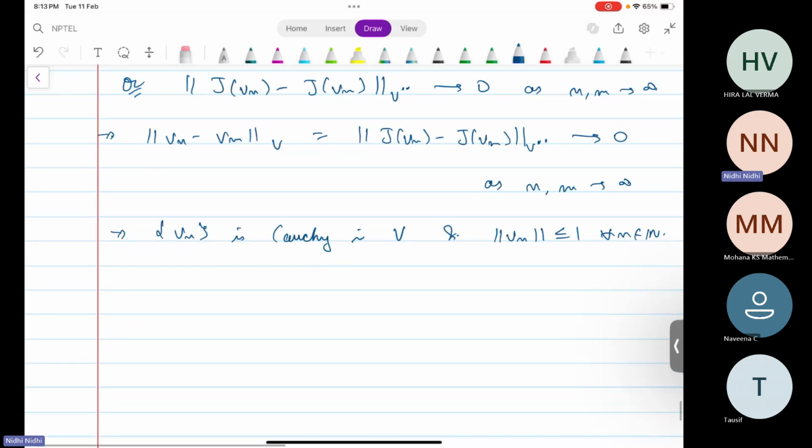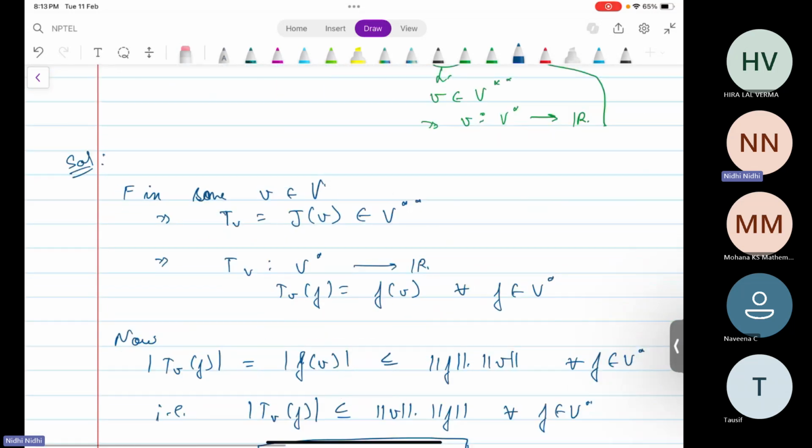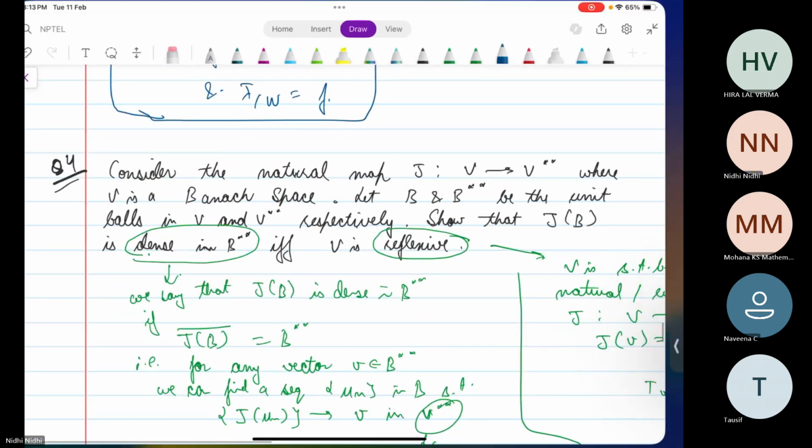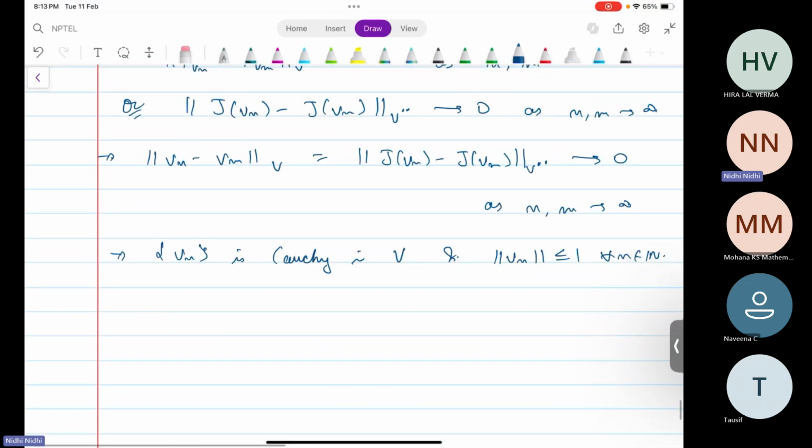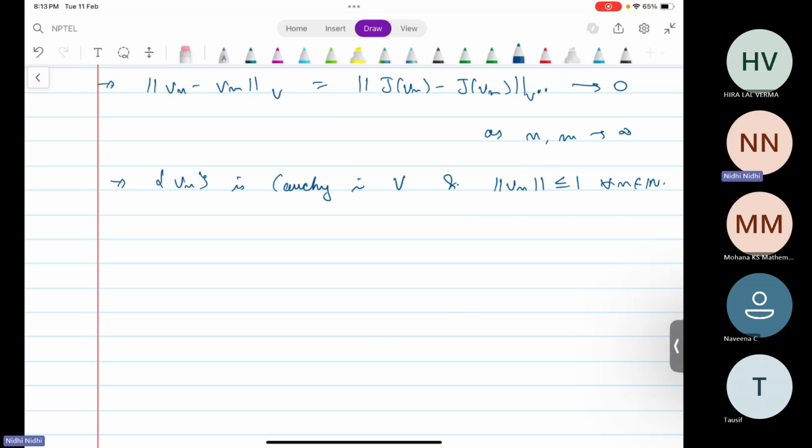Now since V is a Banach space, we were given that V is a Banach space. That means a Cauchy sequence must be convergent.